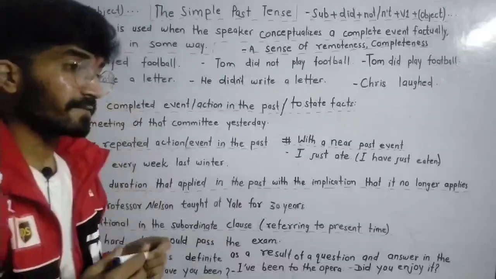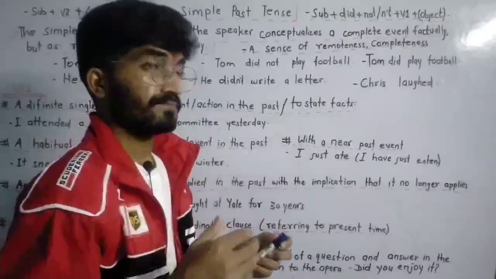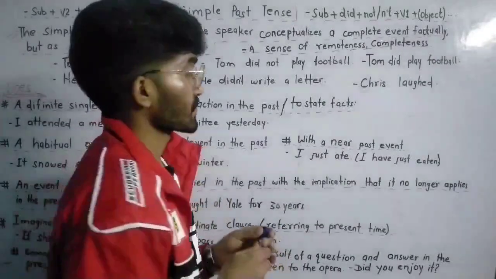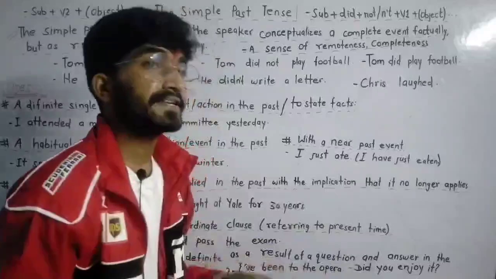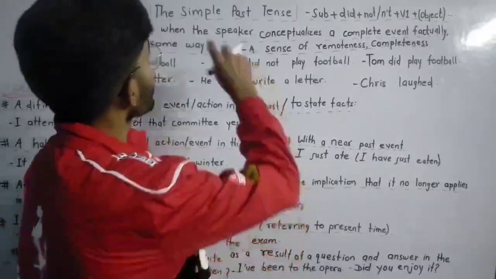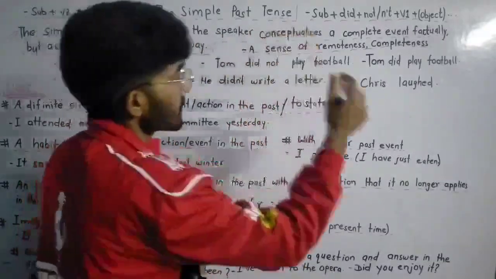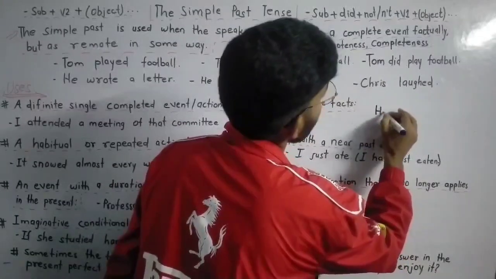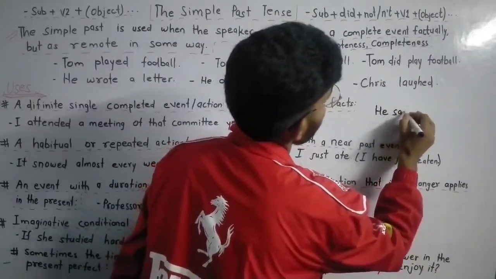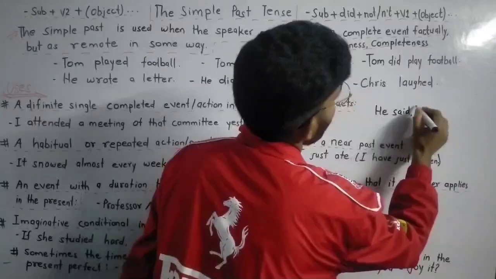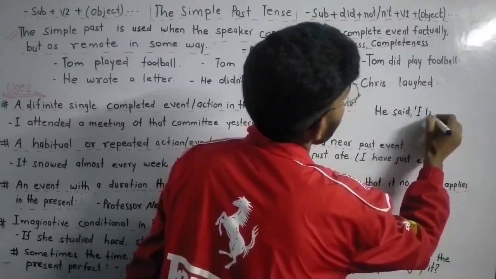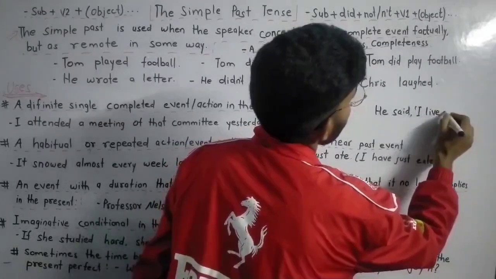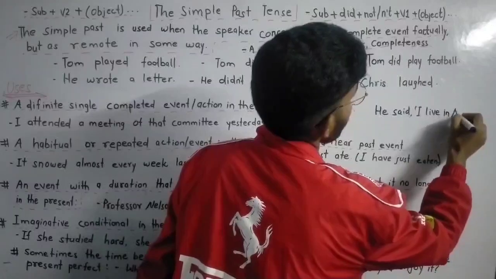While changing a direct sentence into an indirect sentence, we use the simple past tense. Let me give you an example. He said, I live in Nepal.